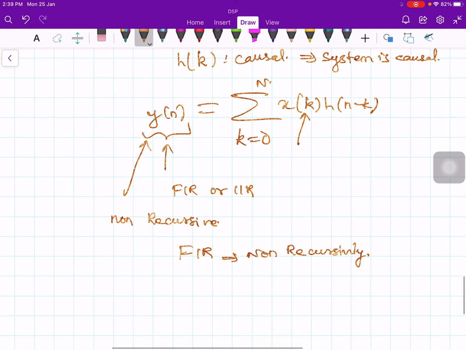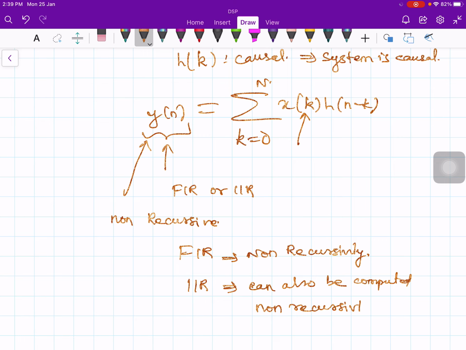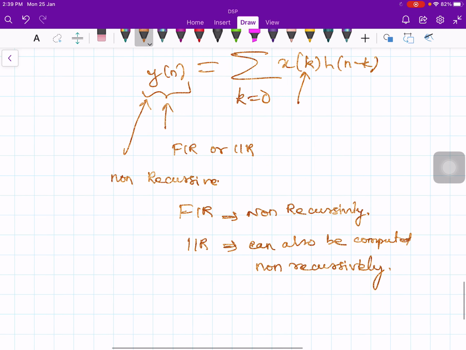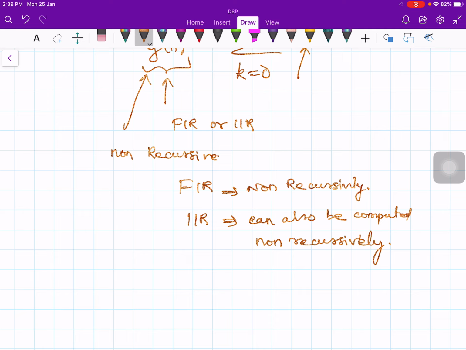And one more important point: IIR filters can also be computed non-recursively. Although in general IIR filters are more convenient to compute recursively, they can also be computed non-recursively.